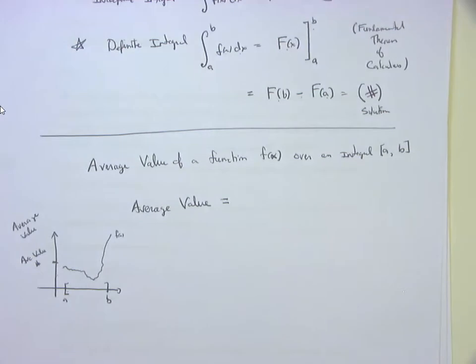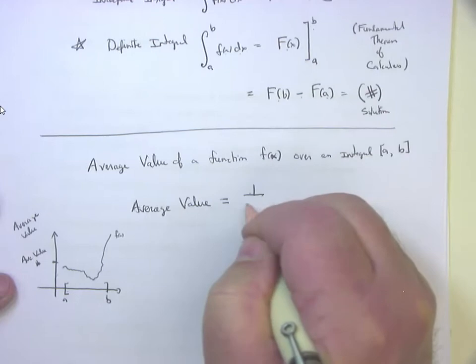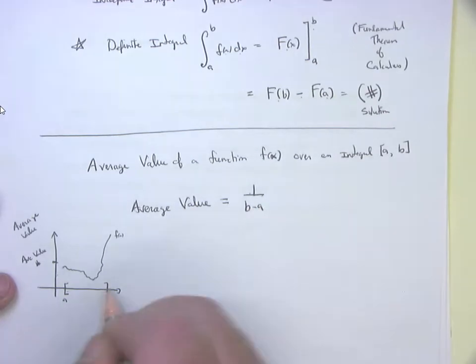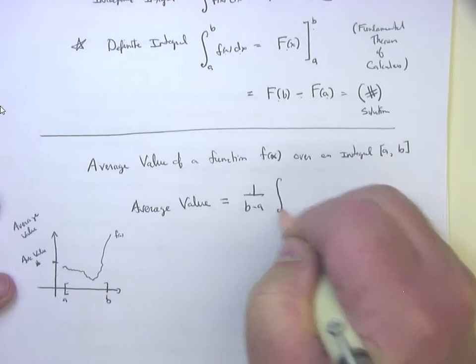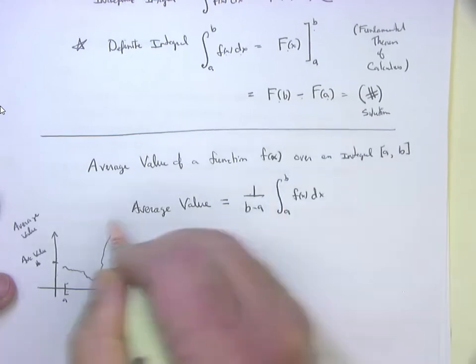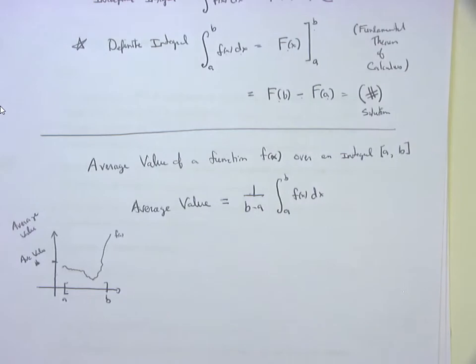And it's a formula, and that formula is this. It is 1 over b minus a, your bounds, times the integral from a to b of your function f of x dx. It is a pure formula, but it tells you on average what kind of y coordinate you're getting over that interval between a and b.